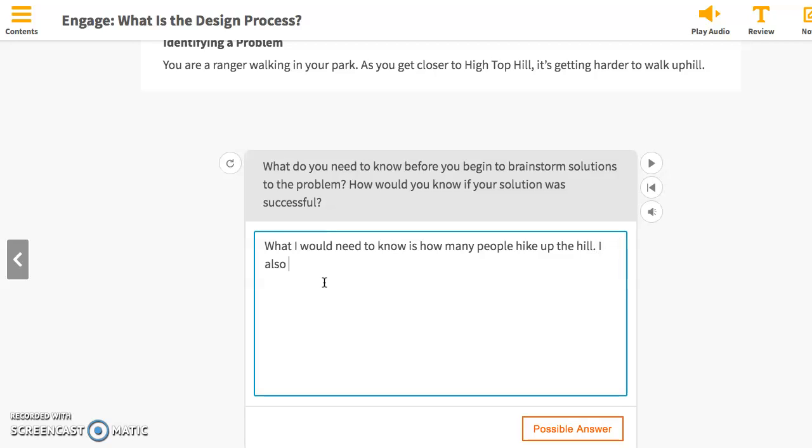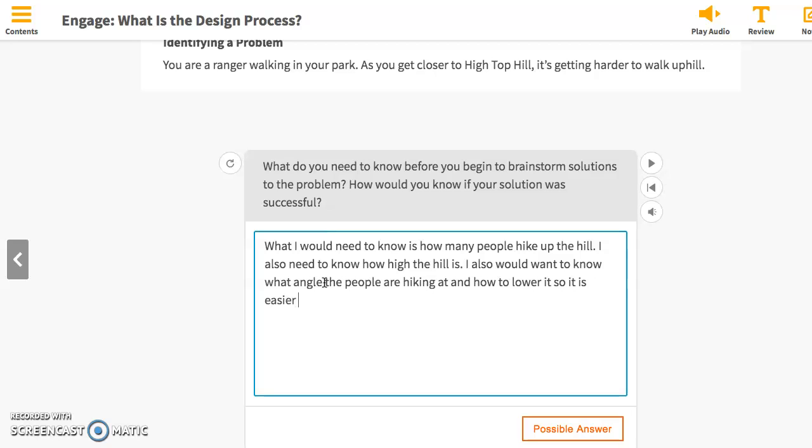I also need to know how high the hill is. I also would want to know what angle the people are hiking at and how to lower it so it is easier to climb.